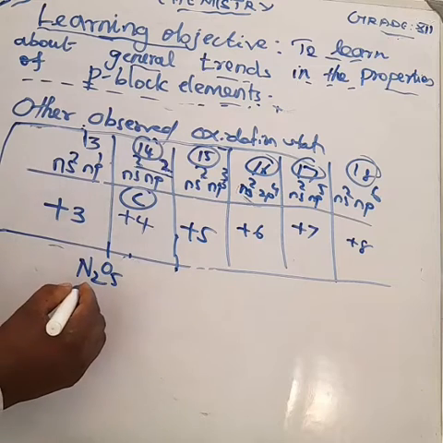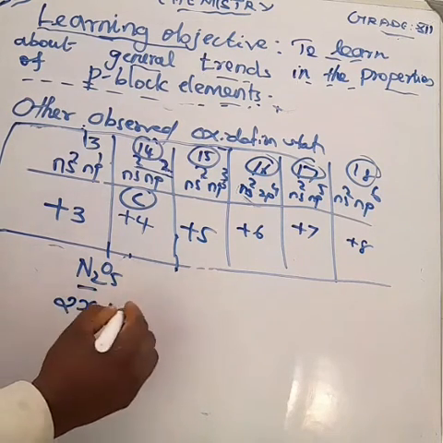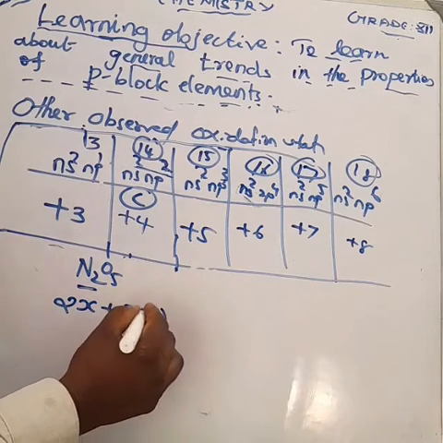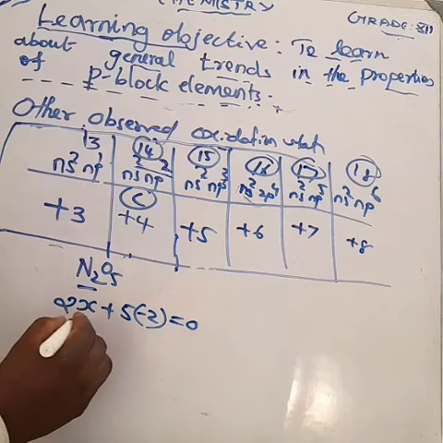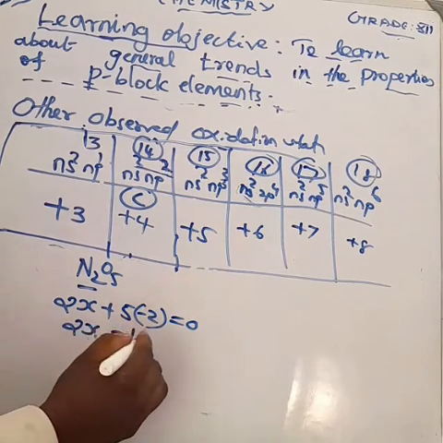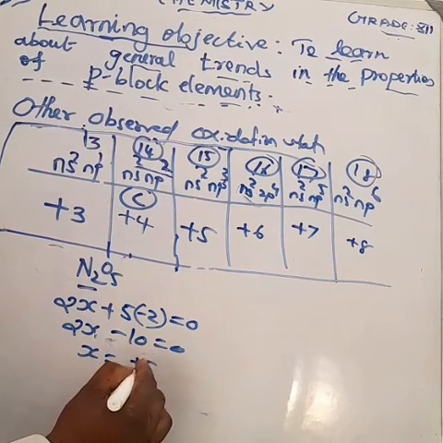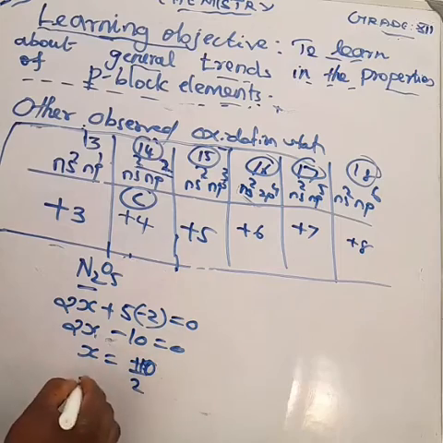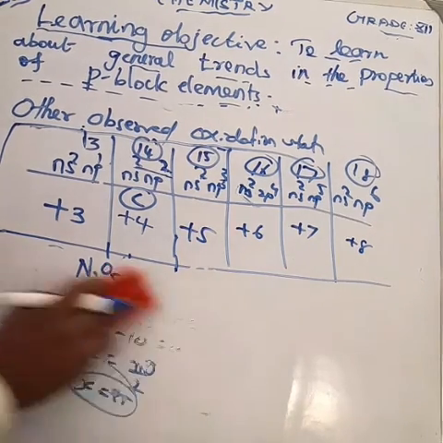We have to find out nitrogen. 2 nitrogen is there, so 2X plus, how much oxygen is there? 5 oxygen. So 5 into oxygen value minus 2 equals 0. That is 2X minus 10 equals 0. X is equal to plus 10 by 2, equal to plus 5 oxidation state. Can you understand, my dear children? Please do the work. Okay.